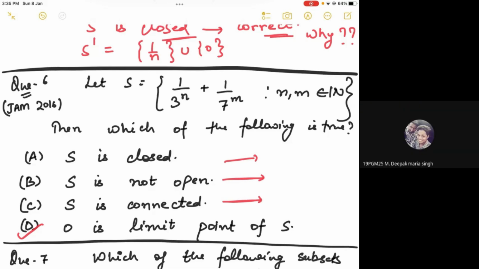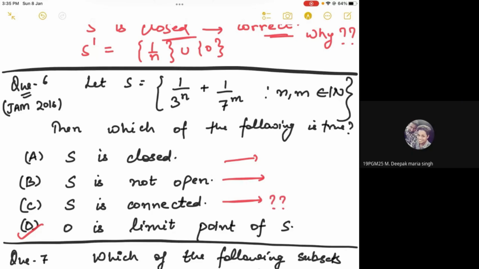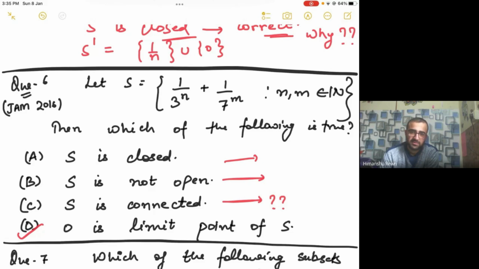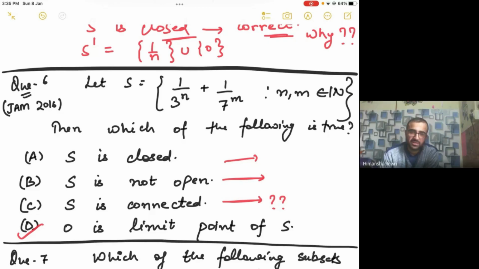Okay, so C is false. Is this S connected? Option C is false. Why? Reason? Since rational numbers do not belong to the set, irrational numbers do not belong to it. Anyway, one reason is that it is a countable set.